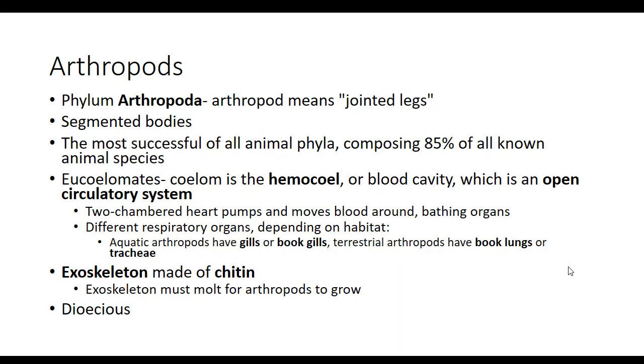Some insects will do that several times in their lifetime and grow some every time. And usually right after the insect molts, it's very vulnerable because it doesn't have a protective shell until the new one hardens. So it's a very dangerous time in their life. They will often pump themselves up.